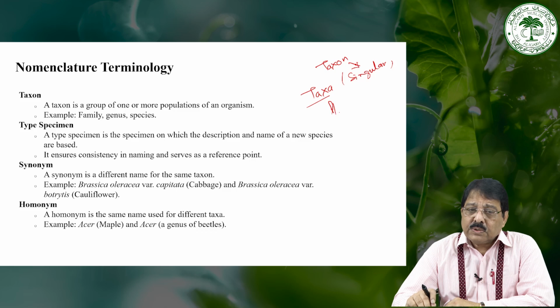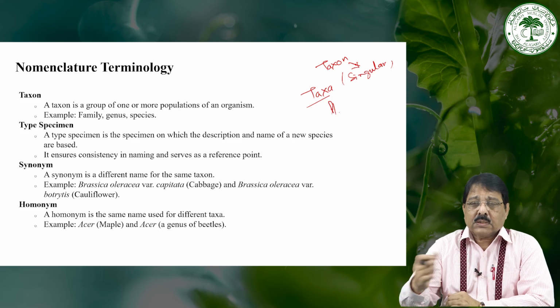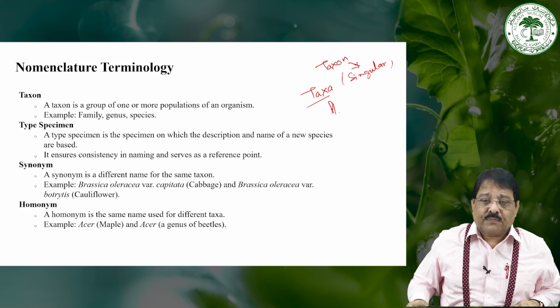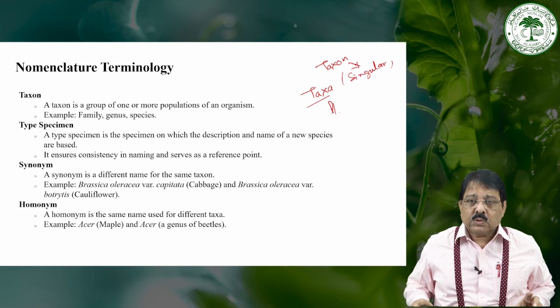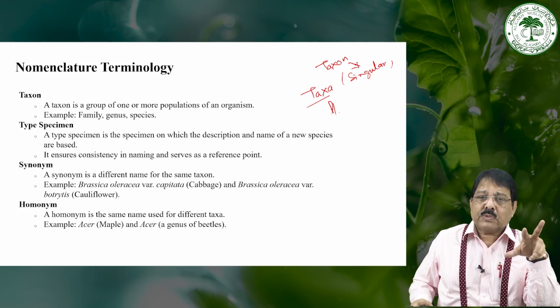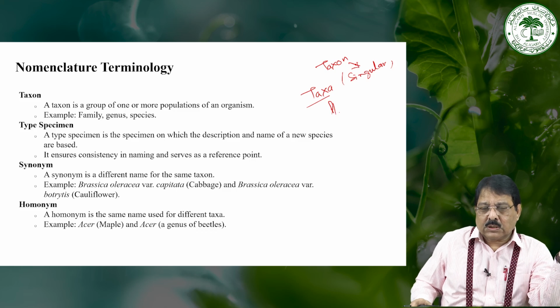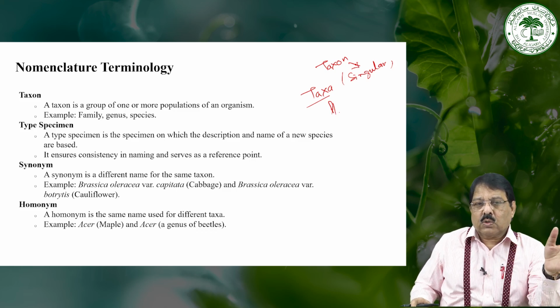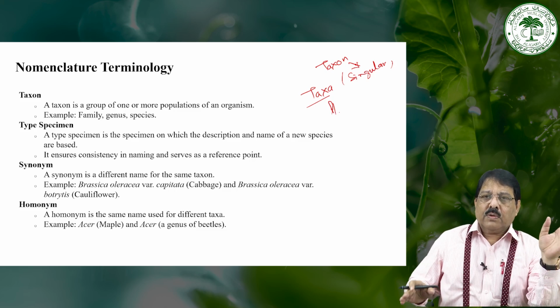Then the synonyms: more than one name for a single plant. For example, in a family, a nickname is used. So you can say there are two names for a person in a family. Suppose it is Ram, then it is Guddu or Pappu or Bablu, the Gudiya, Pinky, Rinky, Sinky, whatever it is.